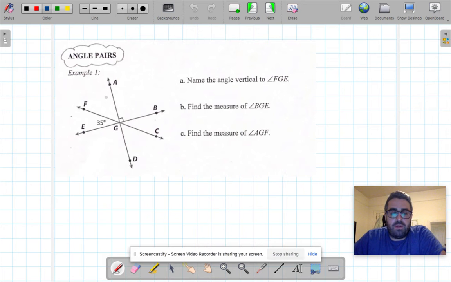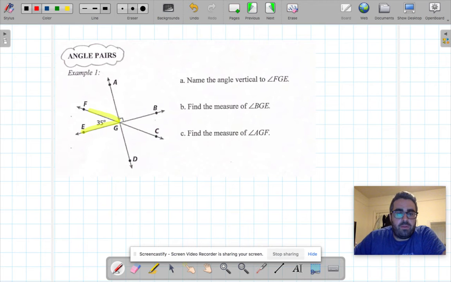So first you're going to locate FGE, and we can see that is right here. So I'm going to highlight that. So you can see angle FGE here. And we want to identify the angle vertical to FGE.